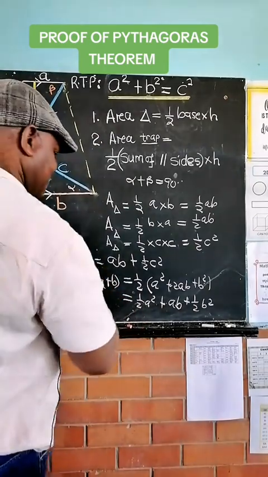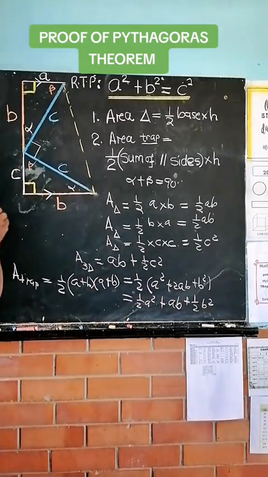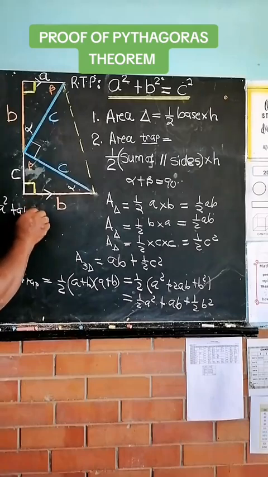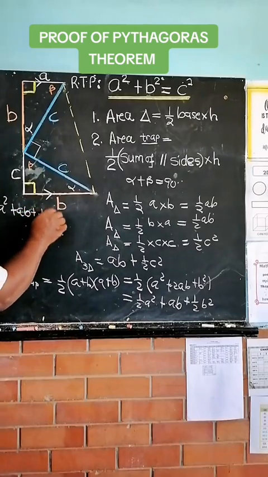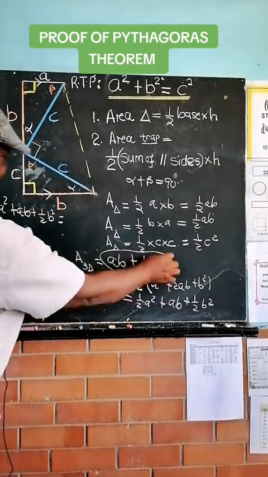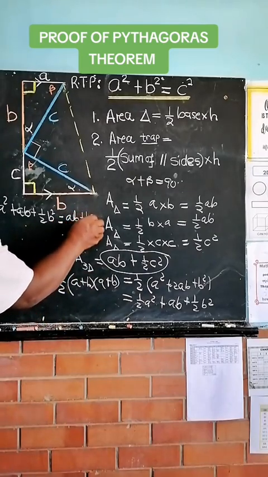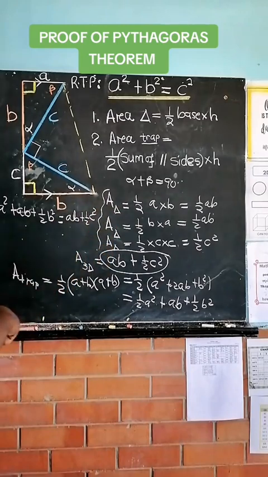So I am going to take the area of the whole trapezium, which is half of A squared plus AB plus half of B squared, equal to that sum that we found of the three triangles, which is AB plus half C squared.